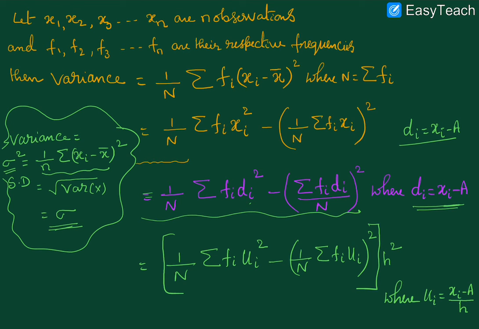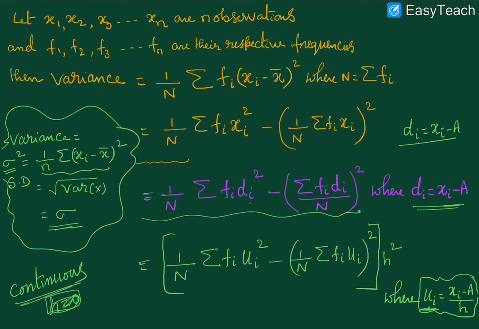Whereas in the other case, when the information is given as a continuous frequency distribution, they will give the class. That's why the class interval is h. Okay, h is called the class interval. In that case, for more comfortability in the simplification, we take (xi minus assumed mean) divided by the length of the class is equal to ui.